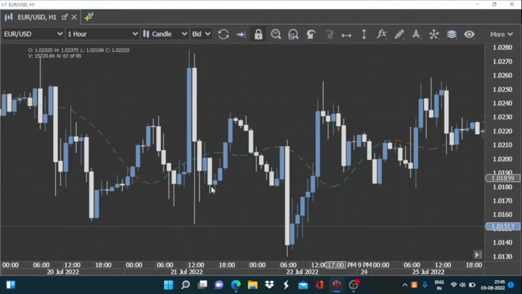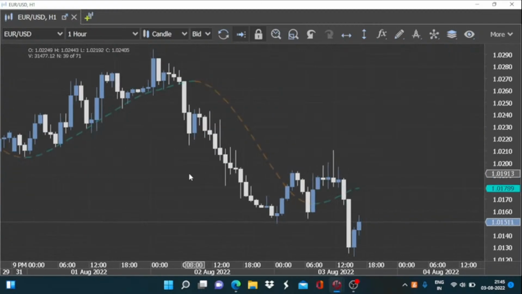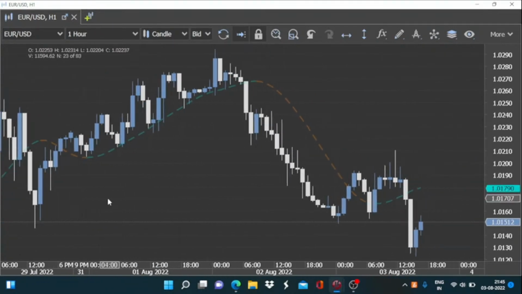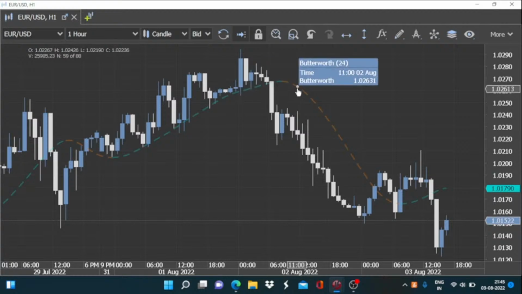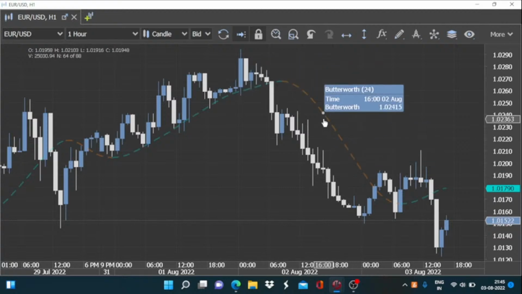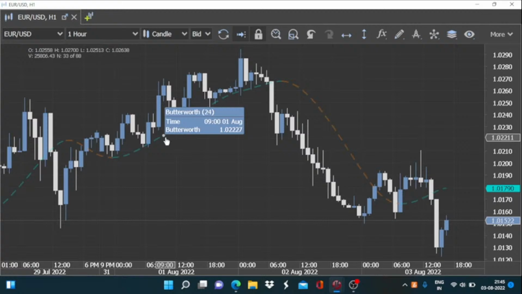It won't be much prominent. So you can do multiple layering with multiple indicators, and still the chart would look quite fine, and you will be able to take in a lot more data. So here we have this downtrend defined by this brownish color, whereas this uptrend is defined by this slight blue line.